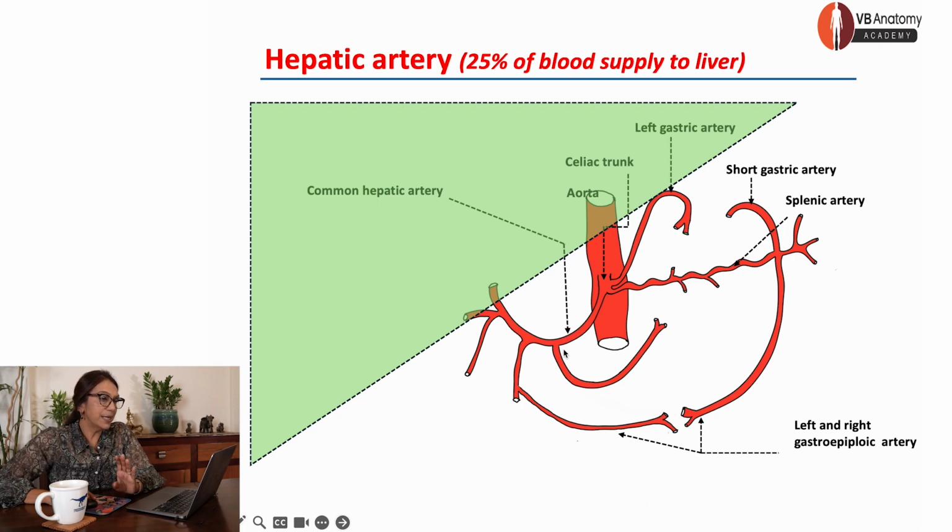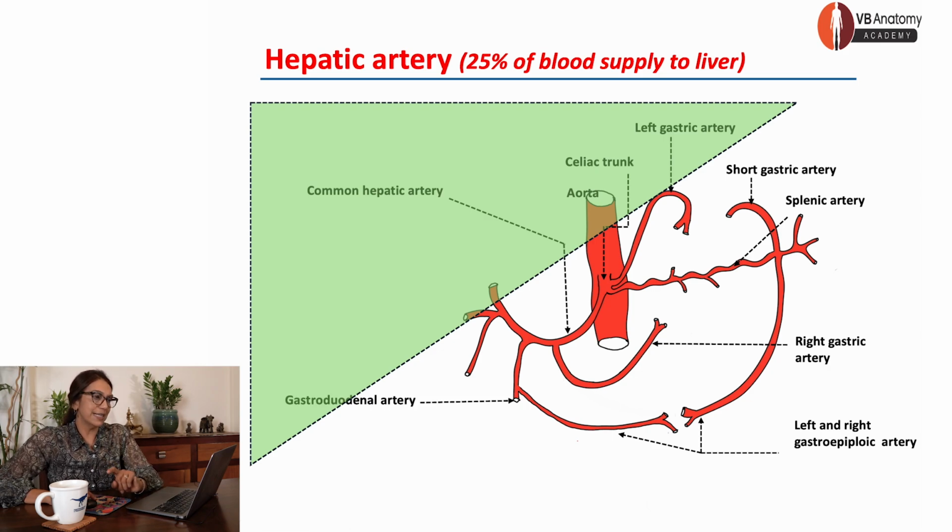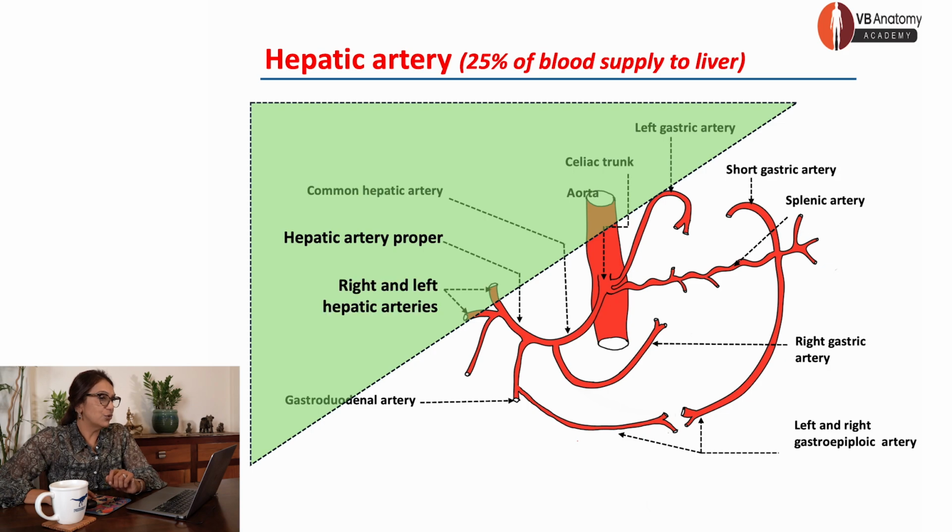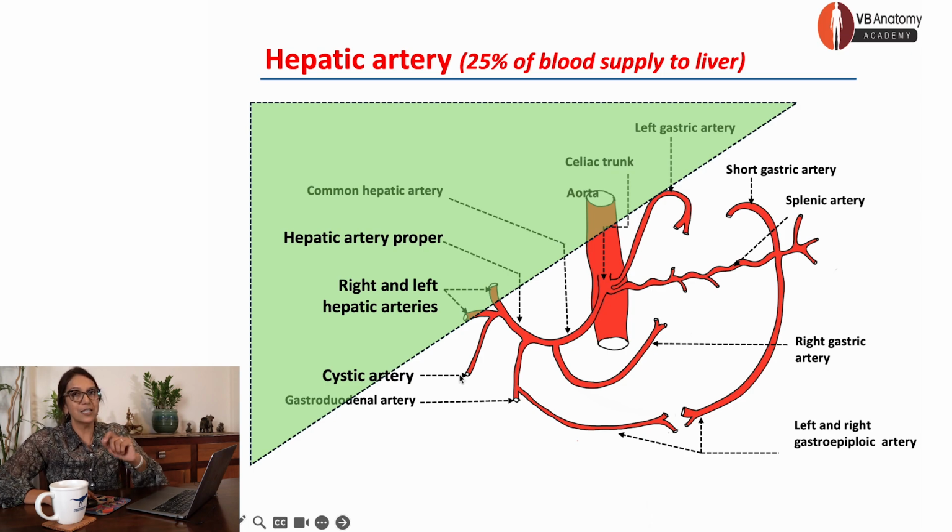The common hepatic artery now gives rise to right gastric artery, gastroduodenal artery, and whatever is left continues as the hepatic artery proper, which actually supplies the liver. As it approaches the liver, it divides into right and left hepatic arteries. The right hepatic artery gives a branch to the gallbladder called the cystic artery.